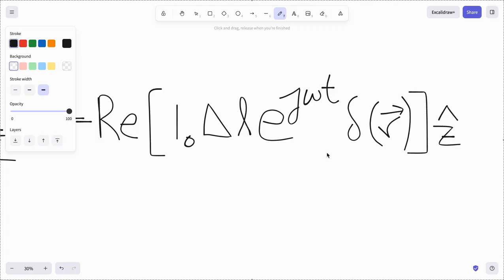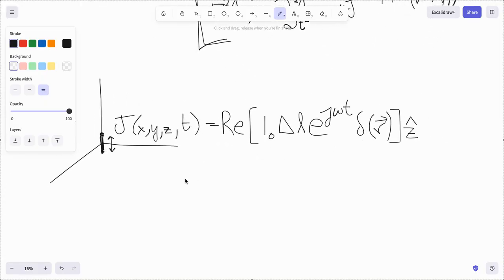Of course, as I mentioned, this is a model, so it's not actually infinitesimal, but it is a good model to work with to understand what's going on.